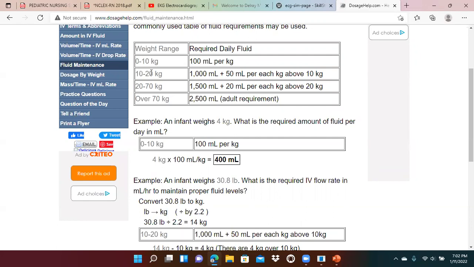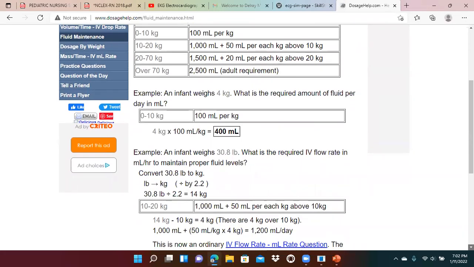So following this formula, 10 to 20, 1000 ml plus 50 ml per each kilogram above 10. So 50, total is 14. So it should be 50 ml per each above the 10. So 14 minus 10, it is 4 kilogram.